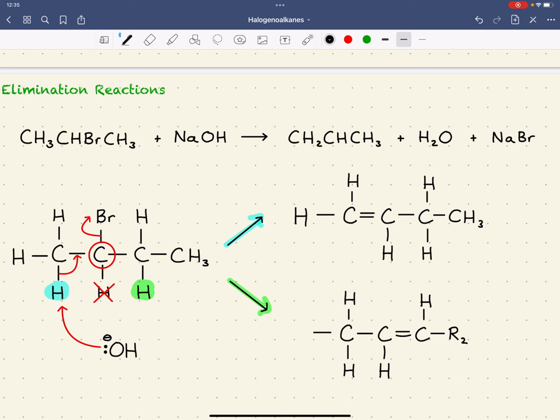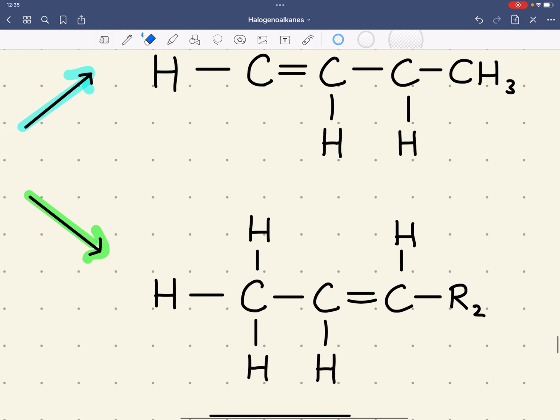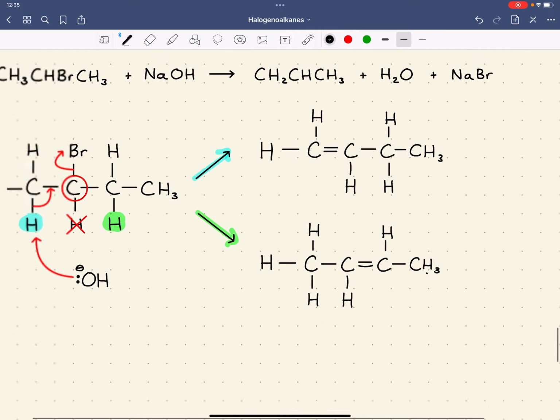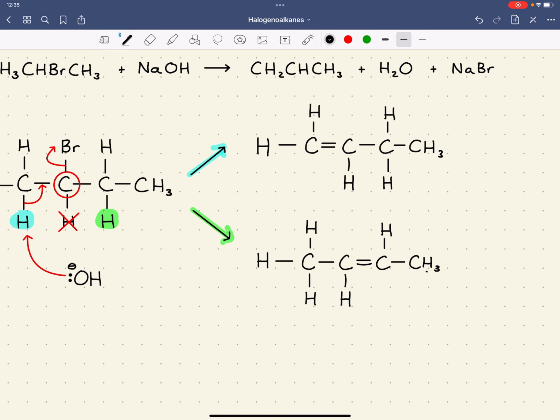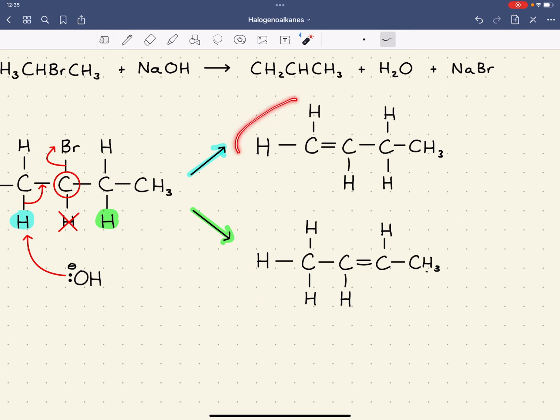And if the green hydrogen is removed, I'm hoping you can see that we would get but-2-ene, and potentially, remember this could be E or Z but-2-ene, so you could get an E/Z isomer here. You could get E or Z but-2-ene, and this is but-1-ene.